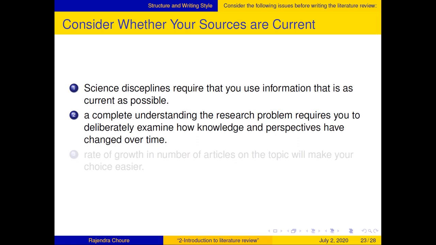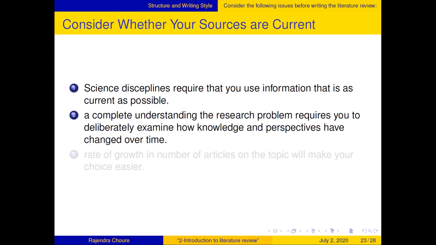Then, a complete understanding of the research problem requires you to deliberately examine how knowledge and perspectives have changed over time. If you want to study evolution, and it's very good to study evolution, because your idea about your topic will also progressively evolve, and all the facets of the research problem will be visible to you.